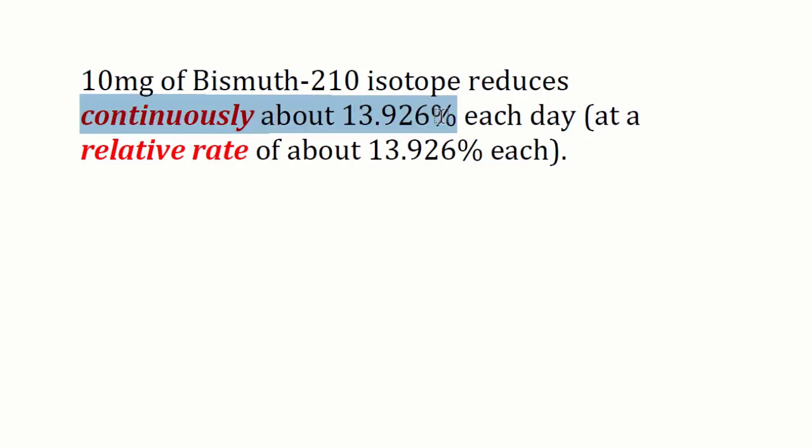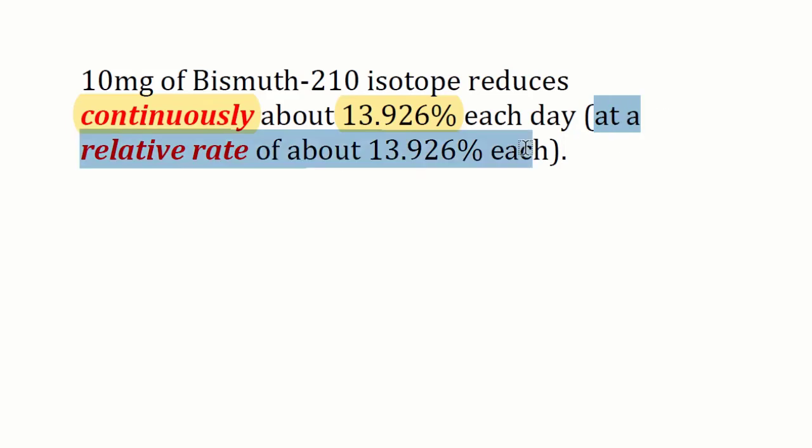Or according to Professor James Stewart, in a lot of his textbook, if he was asking for a continuous rate, then he would use the term relative rate of about 13.926% each day. So that's just two different ways of how the same problem is being indicated.